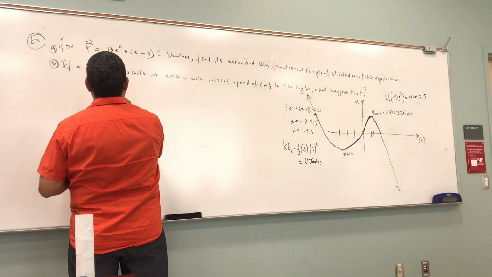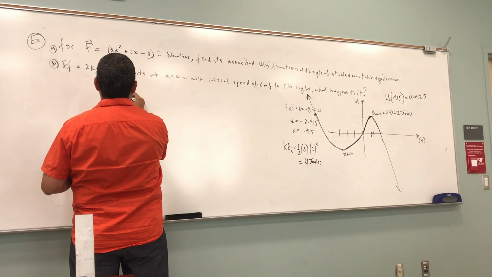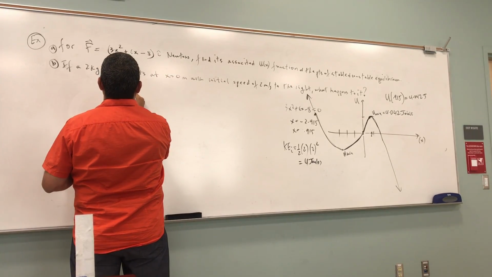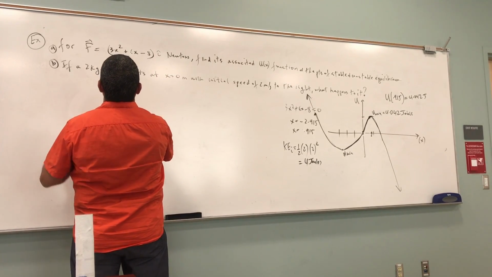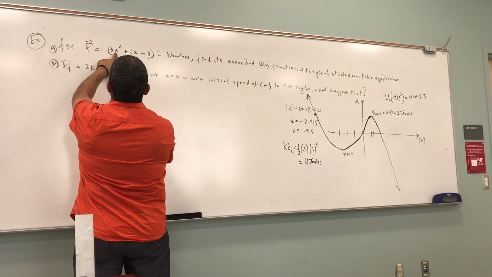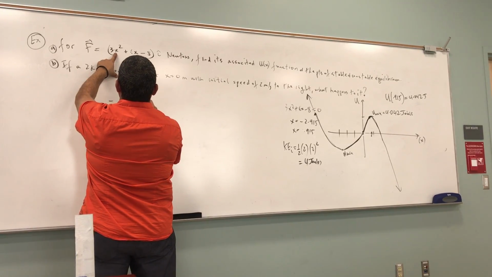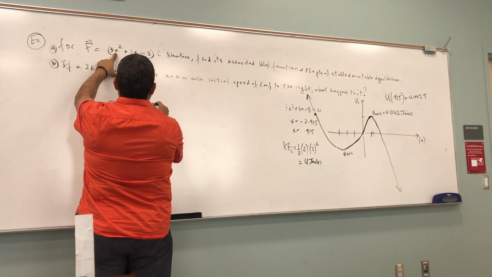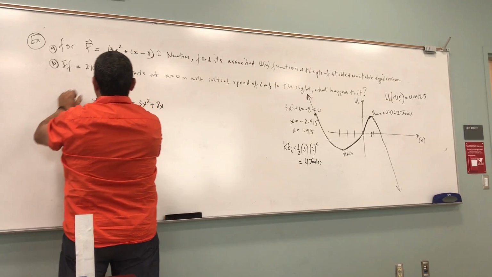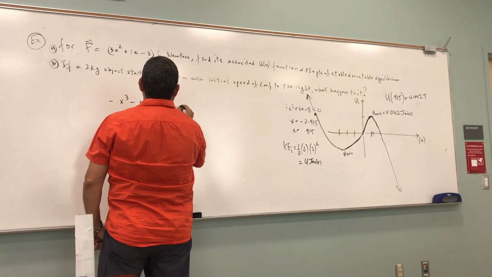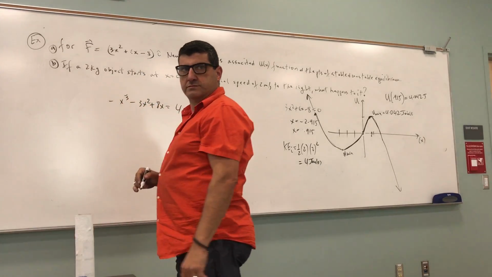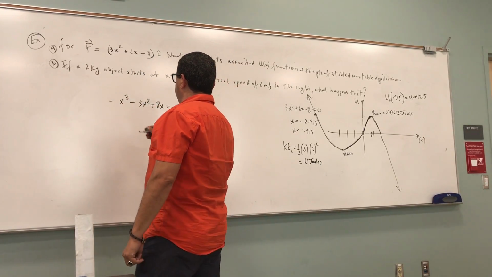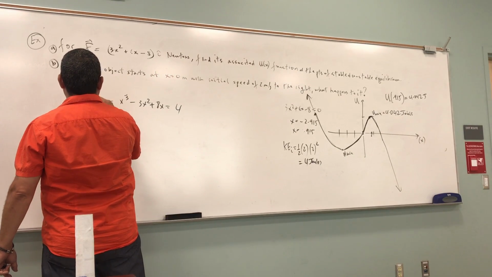Right, so the potential energy is the integral of this, negative x cubed, minus 3x squared plus 8x, right? Set this equal to 4. That's potential energy.